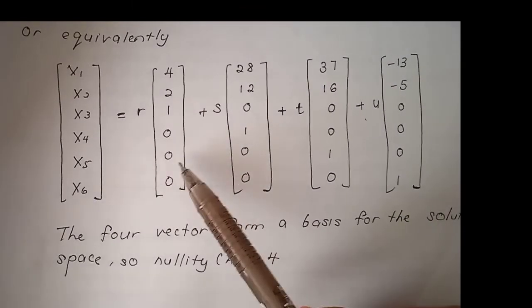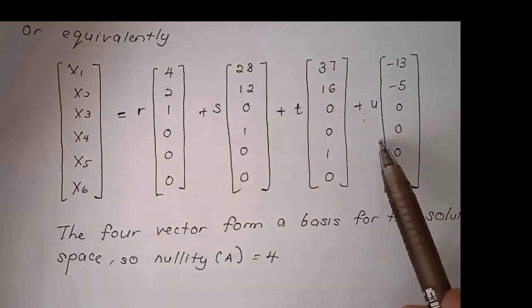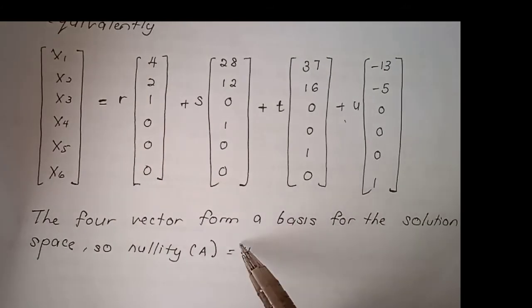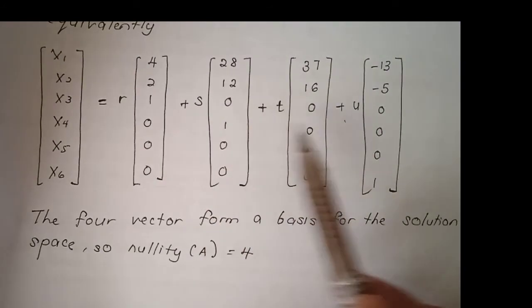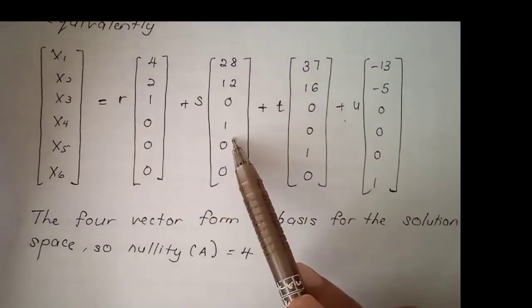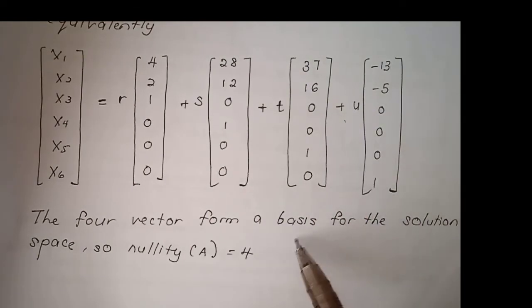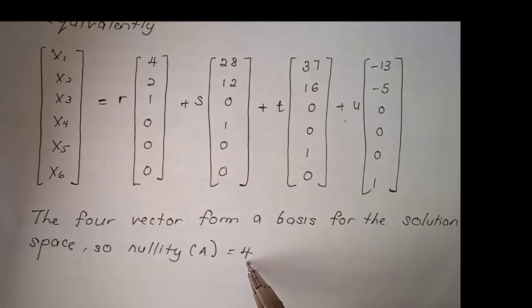So from here we split into a combination of vectors. Since we have 4 vectors, they form a basis for the solution space. So since we have 4 basis vectors for the solution space, the nullity of A is 4. That is how we obtain the rank of A and the nullity of A.